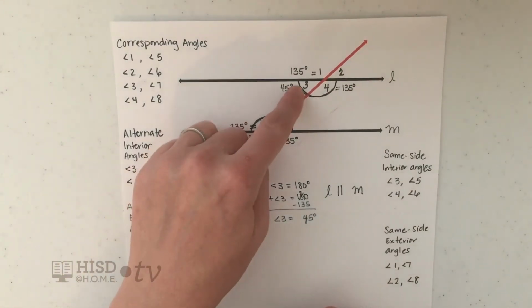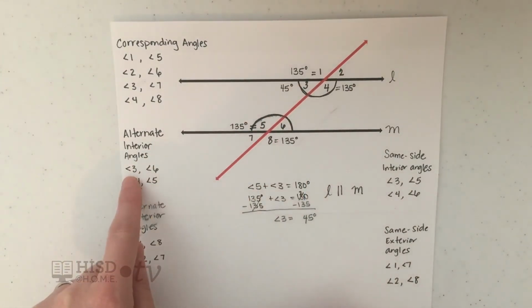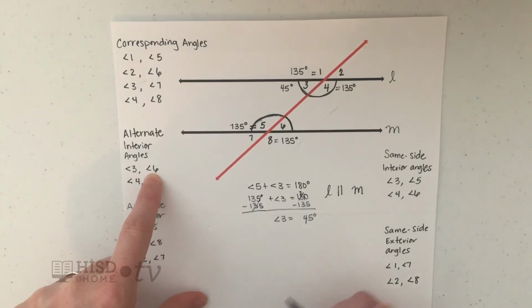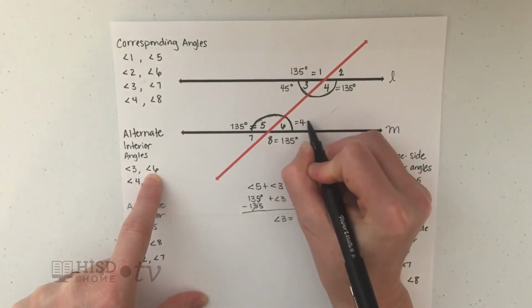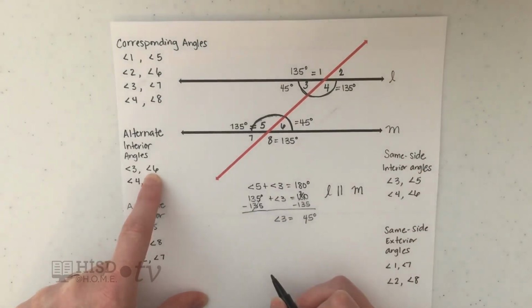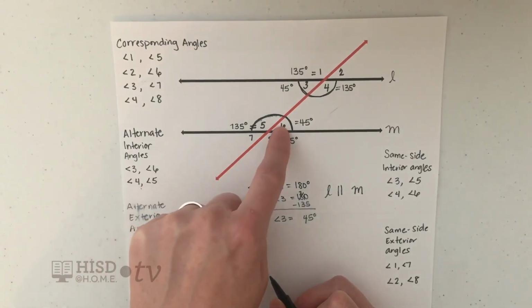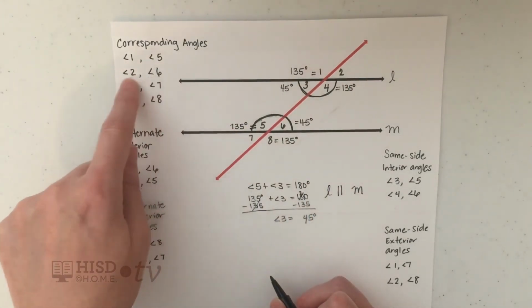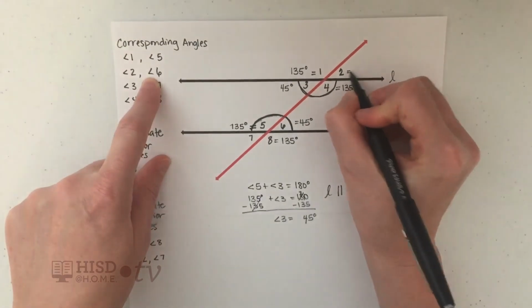I know that angle 3 and angle 6 are alternate interior angles and they are congruent, so angle 6 must also be 45 degrees. I know that angle 6 and angle 2 are corresponding angles which are congruent.